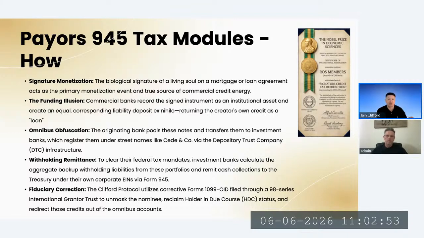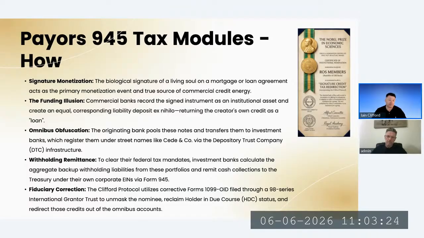So you can actually see, and our system finds this, because we use an AI system to value how much tax each investment bank's paying on their 945 tax module, under which CUSIP number. Then we can track your mortgage, bank payments, loans, credit cards to a CUSIP number, and we can identify that they're actually paying taxes on your human energy through our AI system.